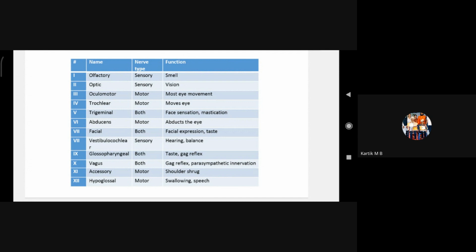So if it is big, then the M comes on Vagus. And Vagus is both, meaning Vagus is mixed, not only motor. So big brains matter most.